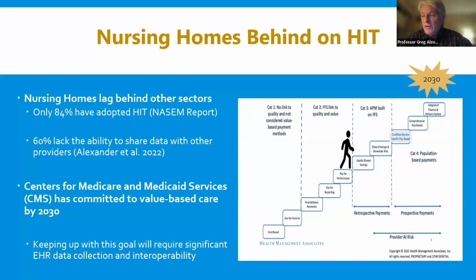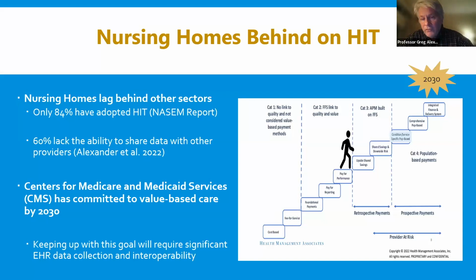Oftentimes we find rural facilities and facilities with higher levels of Black individuals and higher minority levels are the facilities that are left behind. So those individuals are the ones that end up suffering from the lack of support in that area. You'll see 60% lack the ability to share data with other providers externally in the United States.